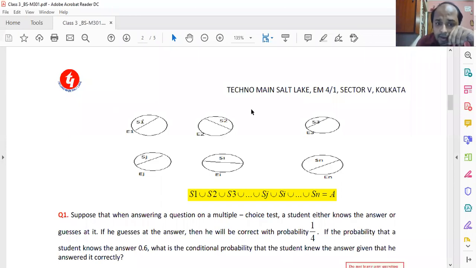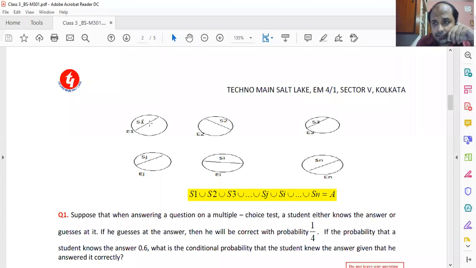Now we have considered mutually disjoint events, and they are exhaustive, in the sense which has already been clarified to you, that if we combine these events E1, E2, E3, E4, En together, then their combination is the total sample space. So E1 to En are mutually disjoint as well as exhaustive.